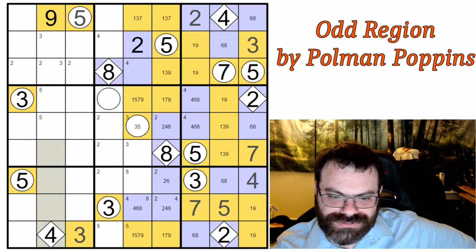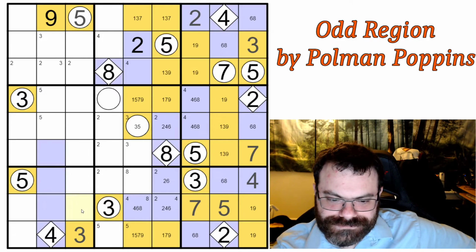I've seen that logic earlier in this solve. That would force... Oh, actually it can't.